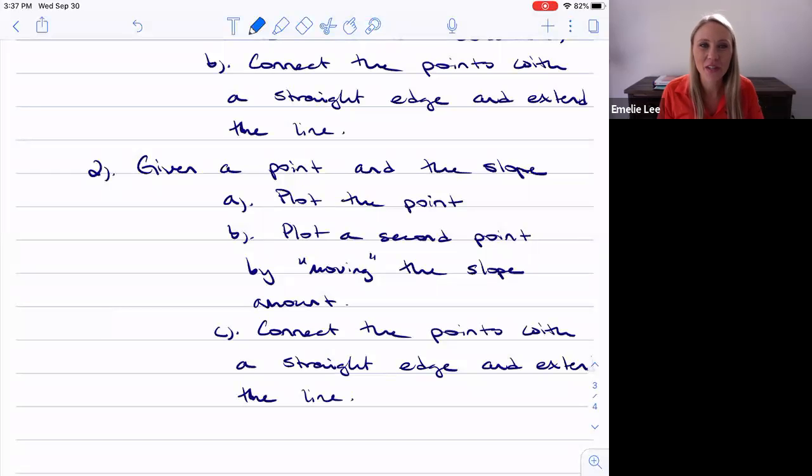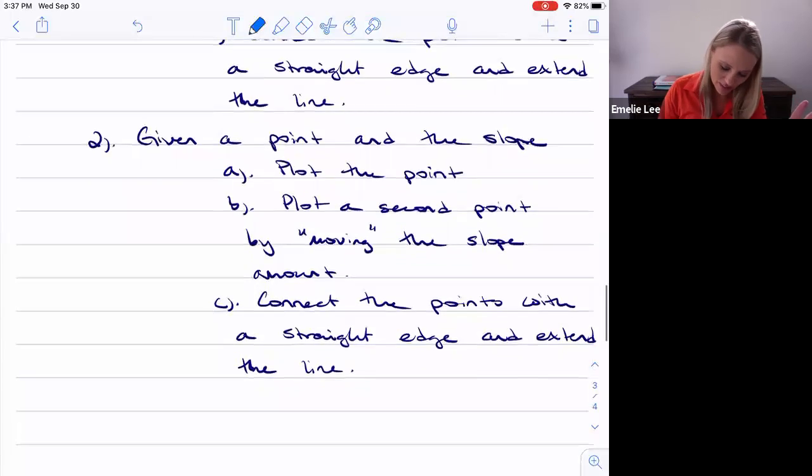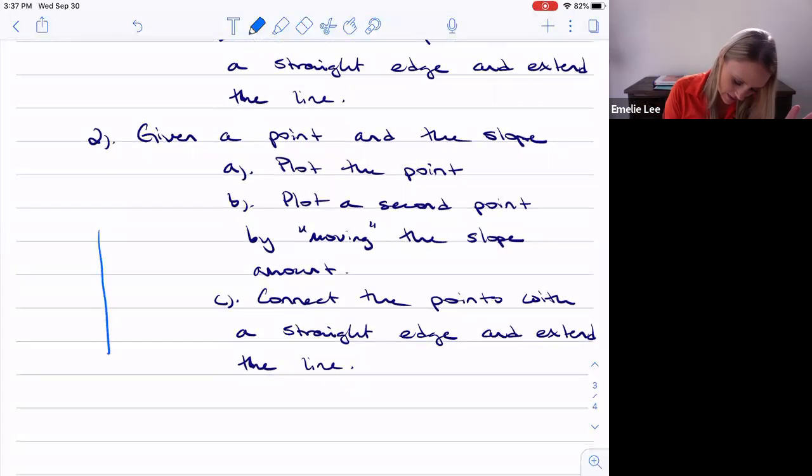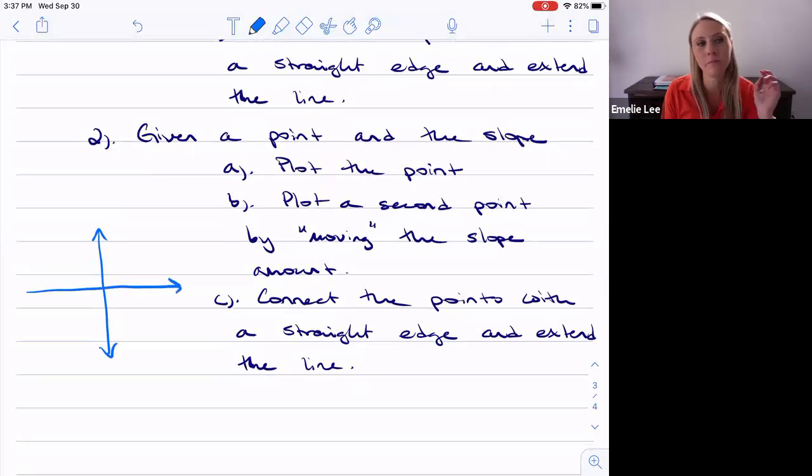So there are some things that we need to keep in mind, right? When we're on this kind of grid system here, right? I feel like we talked about this last day.